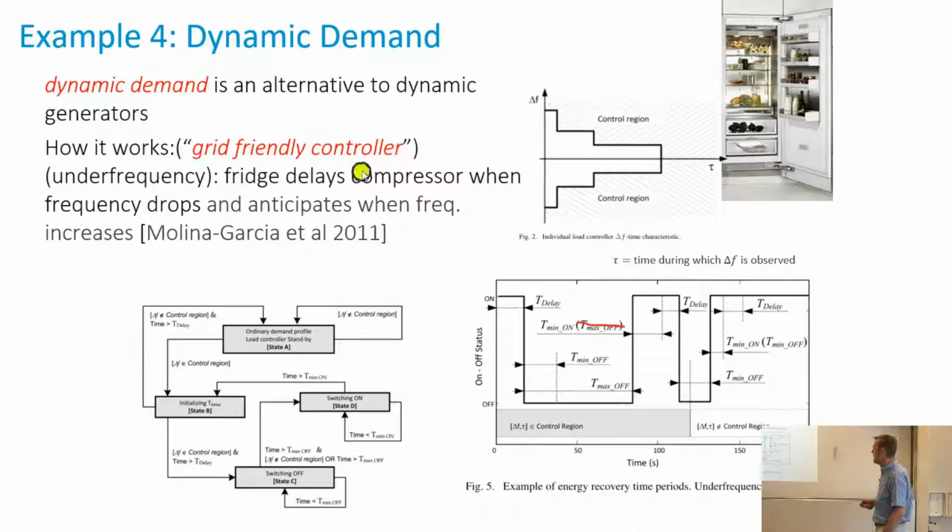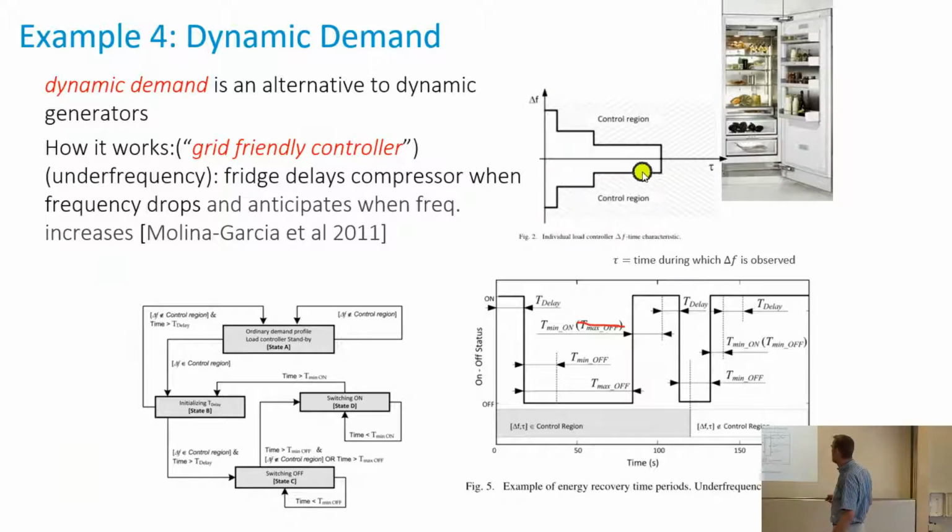And then you have a system, for example, here, that says that you will try to control the on-off status such that when the frequency, that is shown here on the y-axis, is close to the nominal frequency, you do nothing.